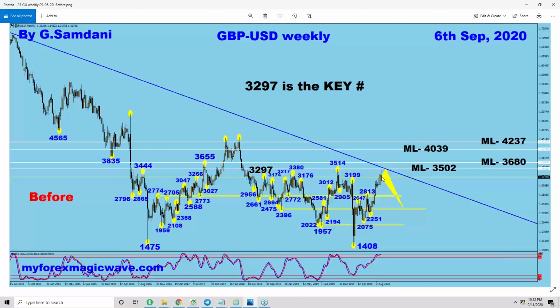So I said, okay, we may go up and hit that TL, or may just drop right from where we were at that time, and that's what happened. We dropped from there exactly to this 2774. We are sitting on this line here, and if we break that, we're going to go there, 2396, and even more to the downside. Okay, Brexit news is very bad for the pound right now.